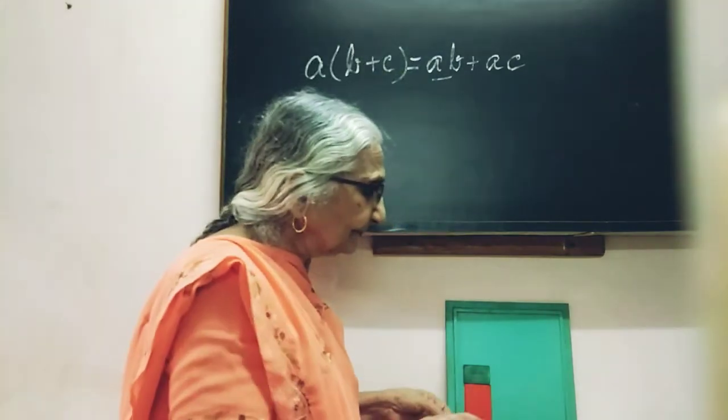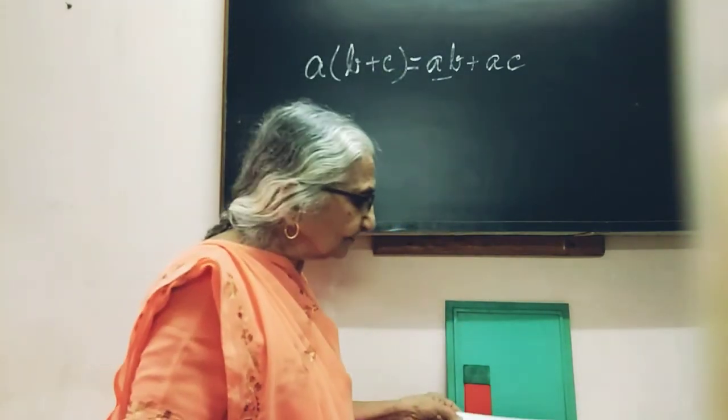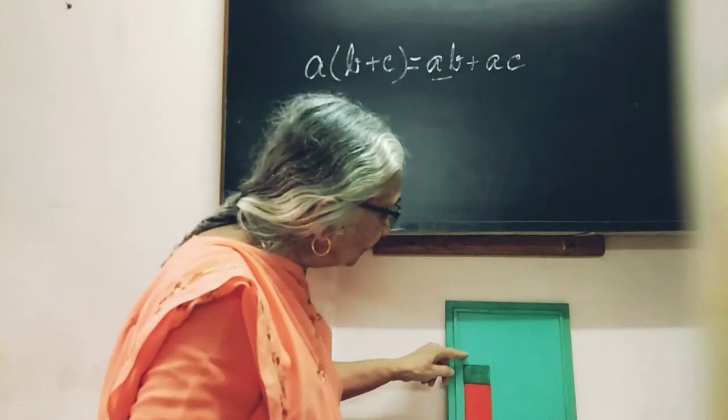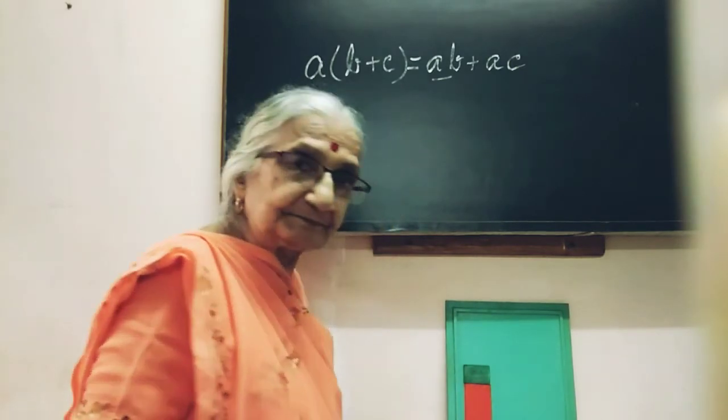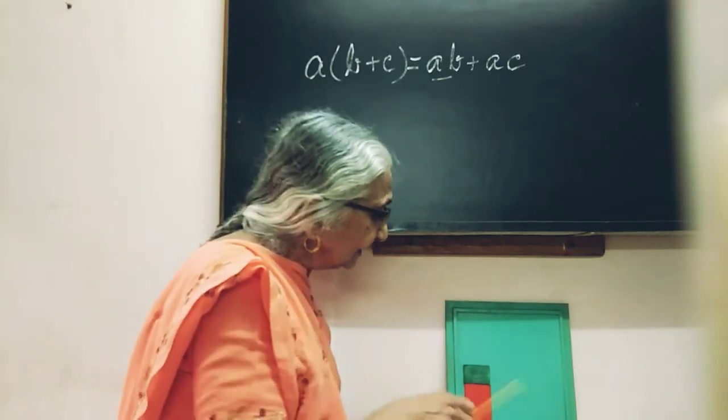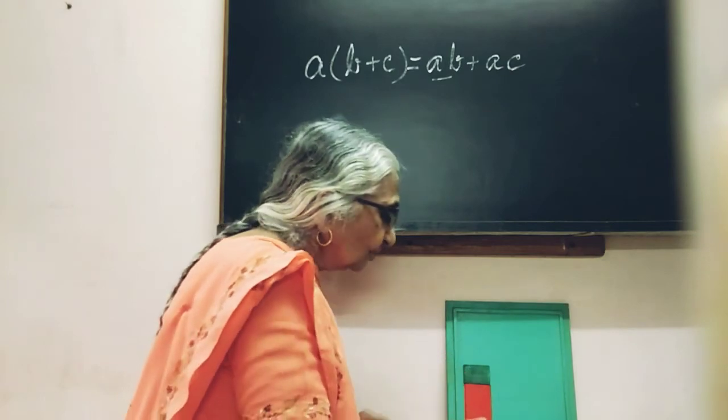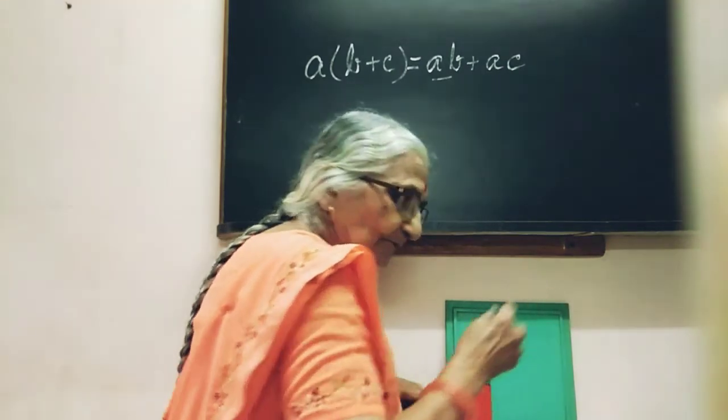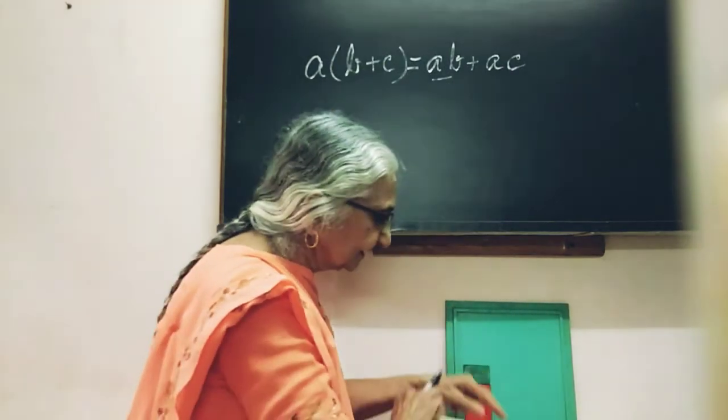For example, the first thing we shall have to do is take a piece of paper, and on the piece of paper you draw the outline of the model. That's what I am doing here now.